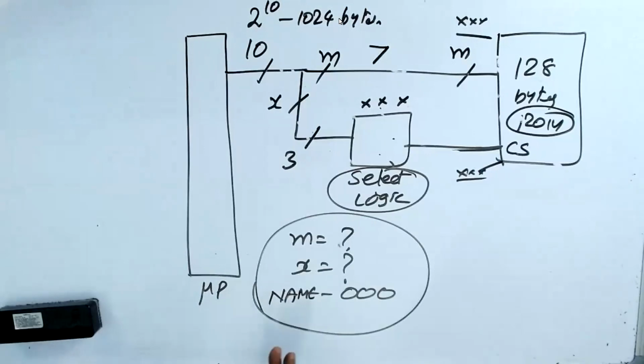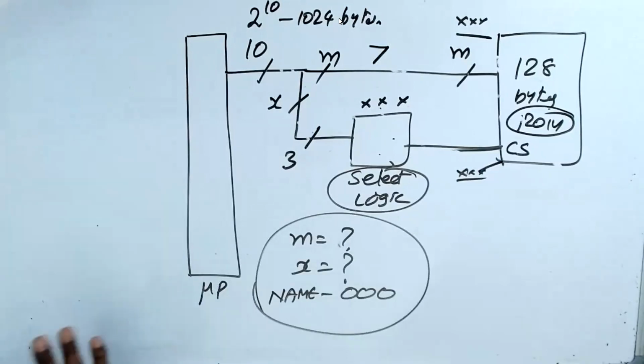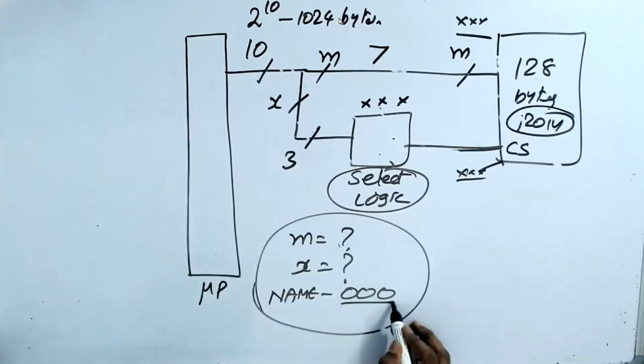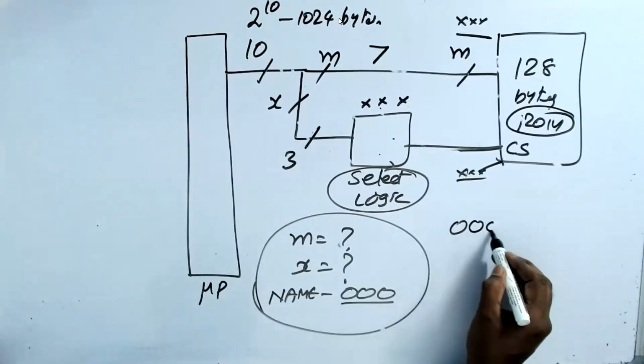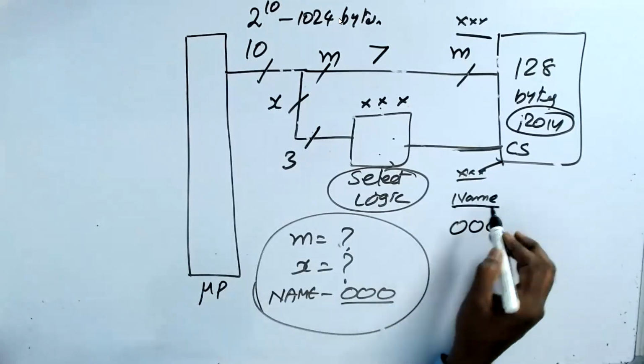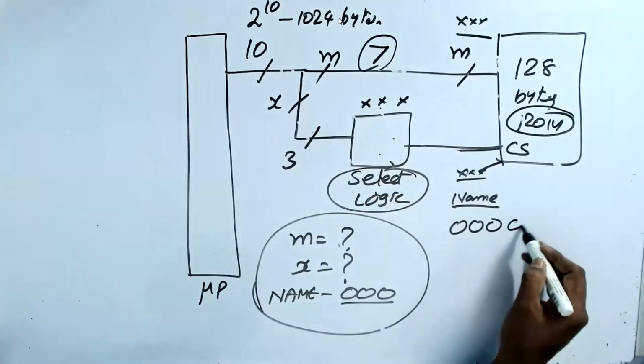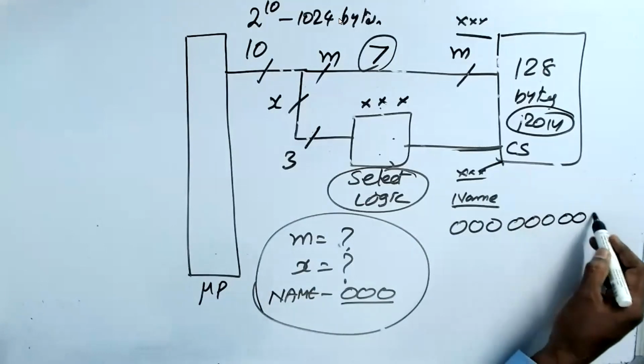Now, how do you write this in binary? That's a trick. You write the name first, 0 0 0, then you have 7 bits, so 7 zeros is the starting address.